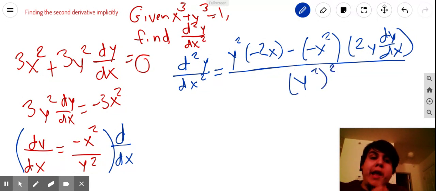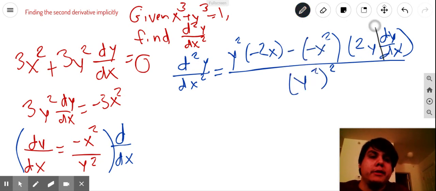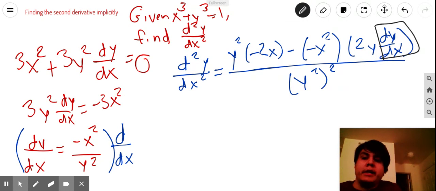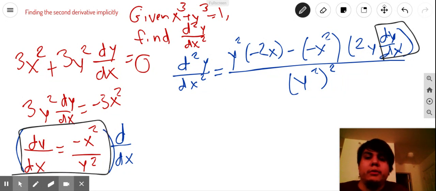So if you notice right here, we have a dy dx in the midst. Interesting, because we know that dy dx is equal to a negative x squared divided by y squared. So we're going to go ahead and substitute that into the equation, which means here's what we're going to get. Still in the blue though.